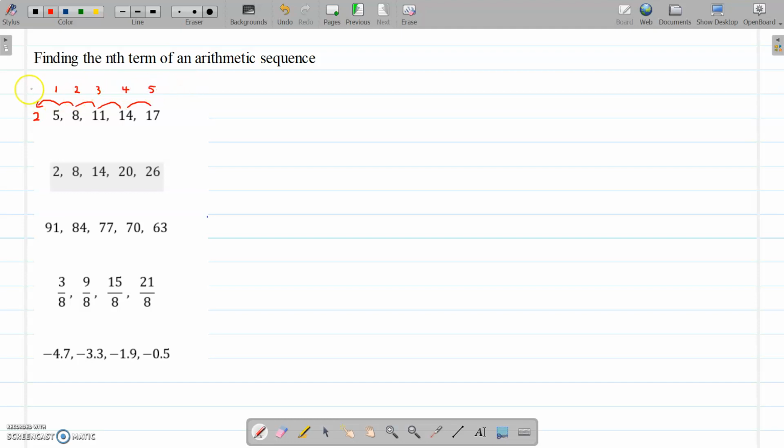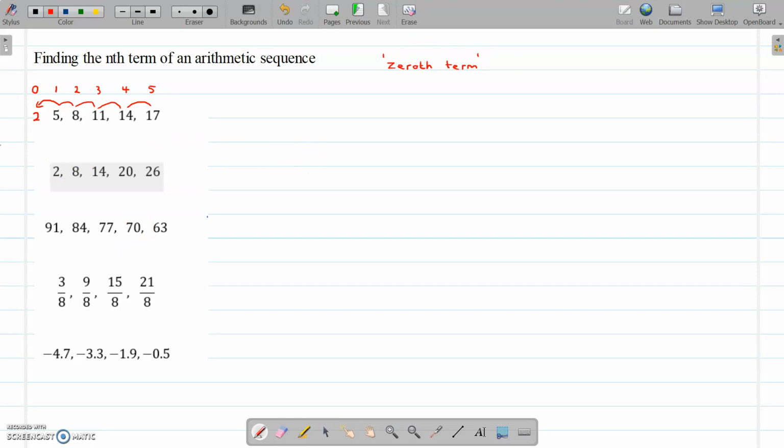We call the 2 in front that we've just found the 0th term. If you can just remember that rather strange word, the 0th term is the one right at the beginning of the sequence, before the first term.